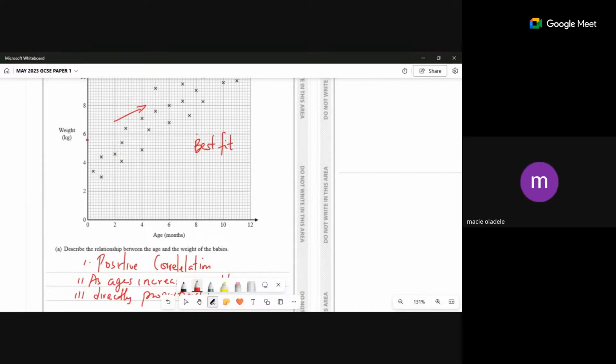For the line of best fit, you use your ruler. Just pick any points on this scatter graph, then draw a straight line. Let me show you something. You use your ruler, so you can pick this line.